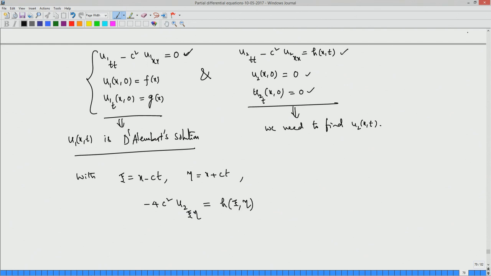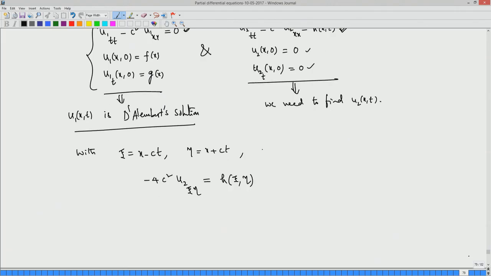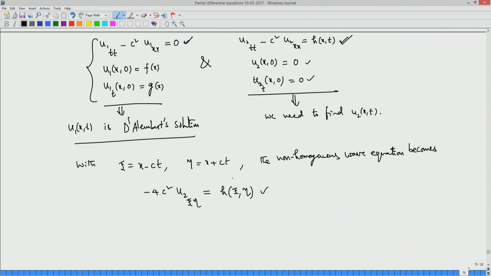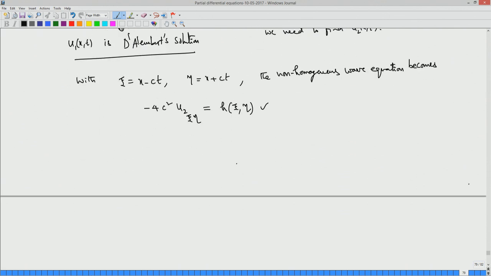This is what the non-homogeneous wave equation becomes with these new variables. This is simply putting it in the normal form in the new variables xi and eta. While doing the classification we have already seen how to do this. So, this is what you will get, and this is what you have to integrate to find u2. How do we do this?